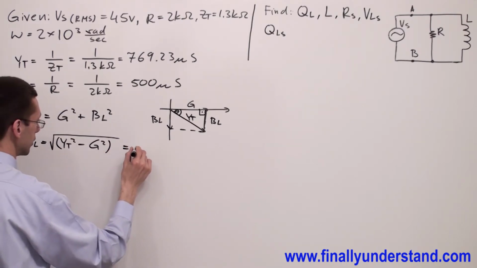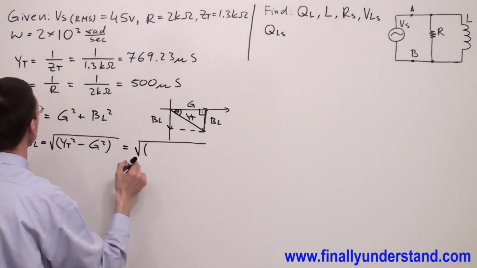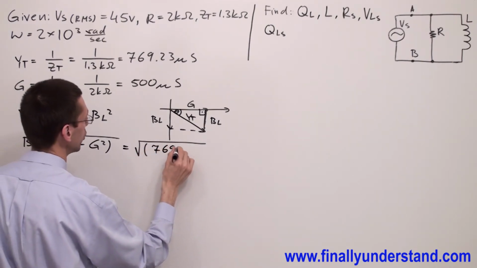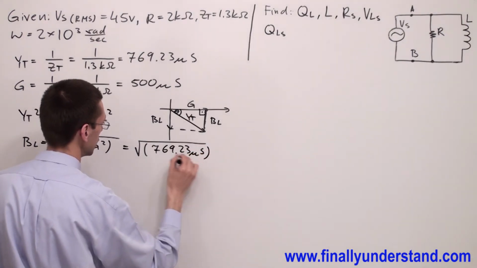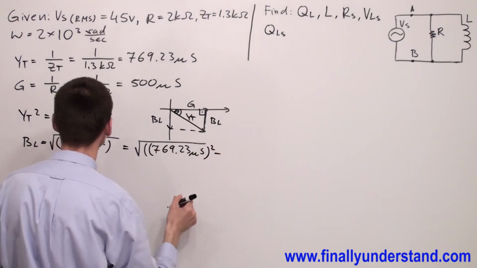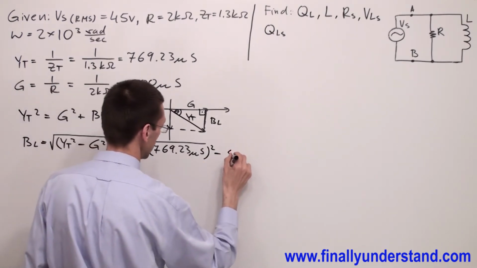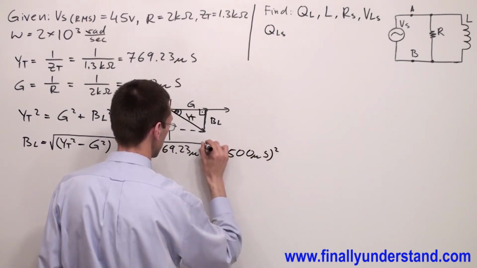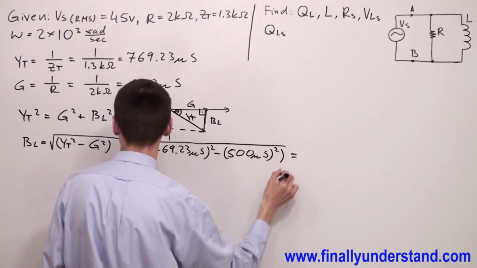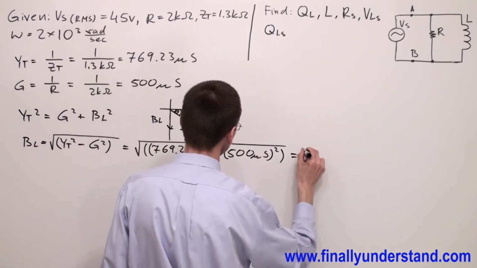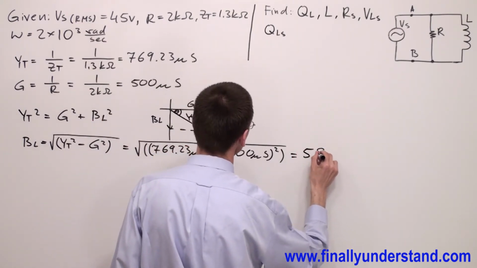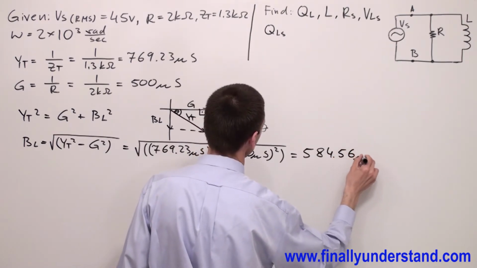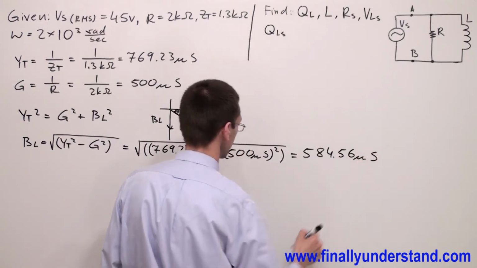Plug in the values and you have square root, open parenthesis, Y total 769.23 microsiemens raised to the second power minus G, which is equal 500 microsiemens to the second power, and this is equal 584.56 microsiemens.